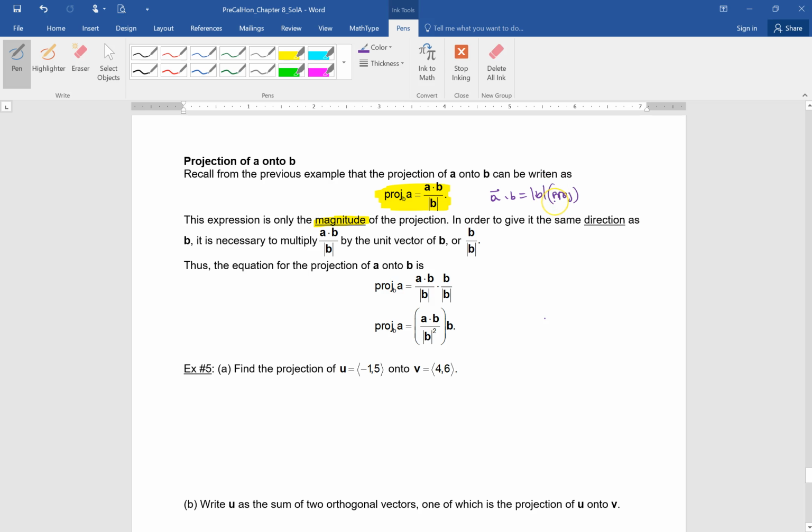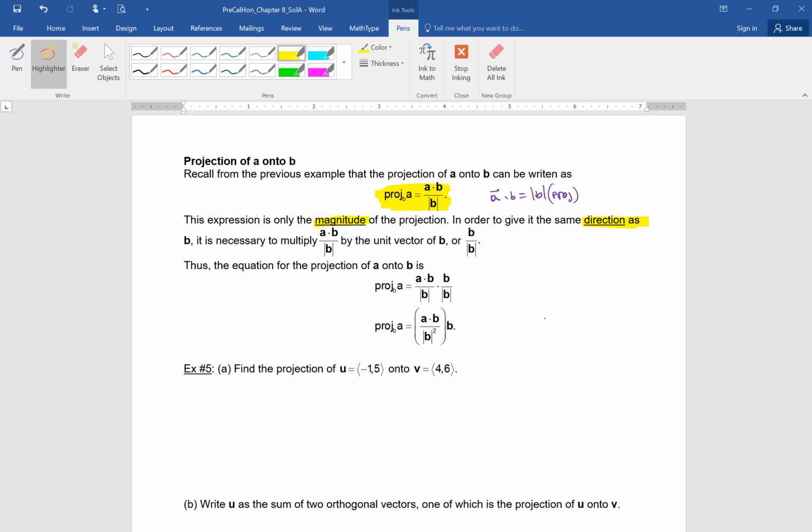And this is only magnitude. Well, we need to give it a direction. Because it's a shadow cast on B, it's got the same direction as B. So how do we give something that's just a magnitude the direction that we want?